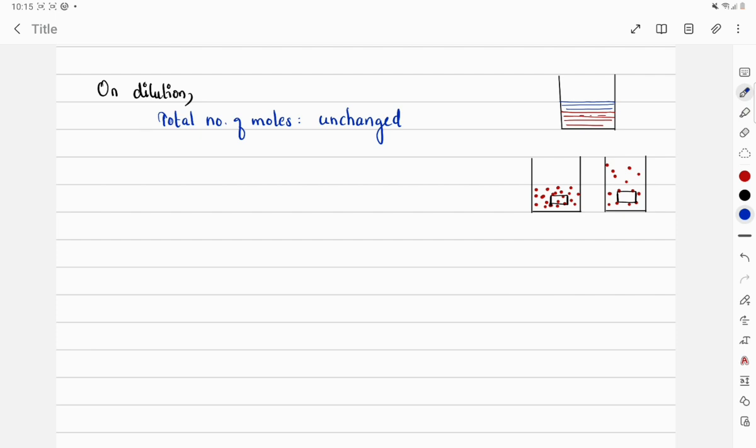So total number of moles unchanged, but number of moles per unit volume will definitely decrease on dilution. So what happens to specific conductivity? Since it is dependent on the number of moles per unit volume, specific conductivity will definitely decrease on dilution.